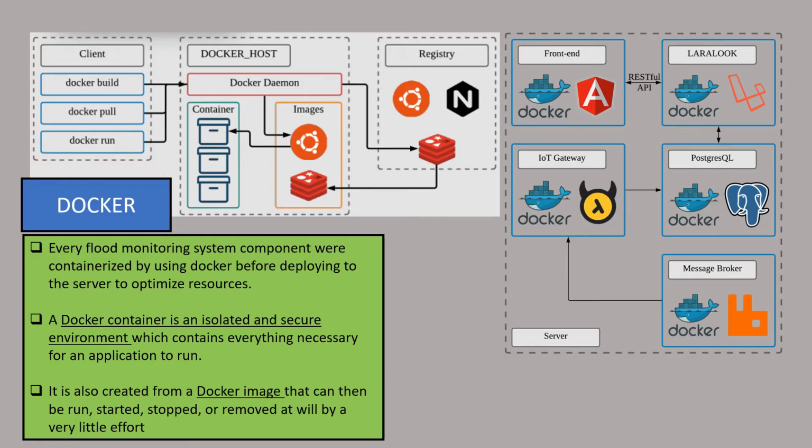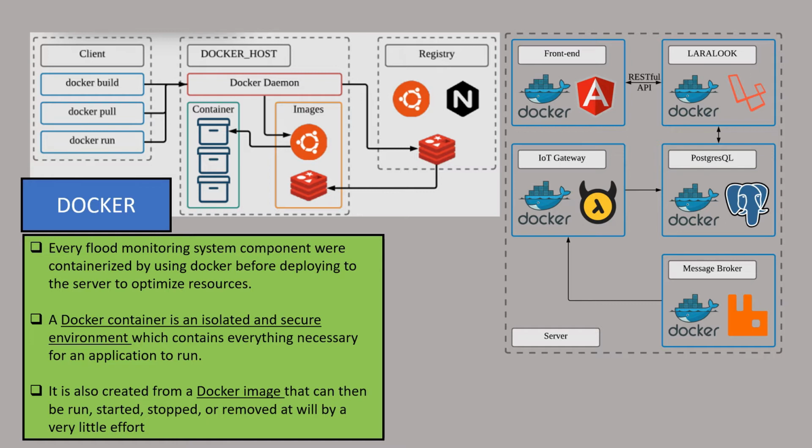Next, we are also using Docker. Every flood monitoring system component will be containerized using Docker before deploying to the server, to optimize the resources. Some of the components of the system are Angular, Laravel, Hasura, Postgres, and RabbitMQ.